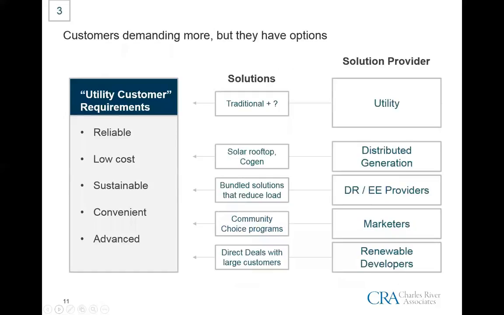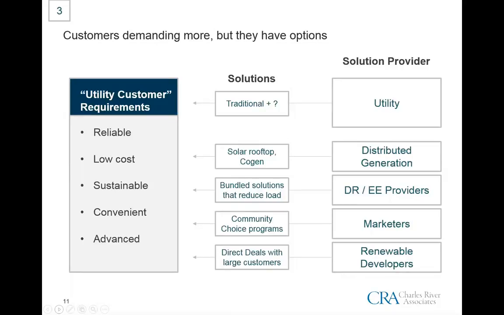The next driver or risk is around customers demanding more, but having more options. And the point here is basically customers want more, or are demanding more, and that's a good thing. But the bad thing for utilities is that they have more options.